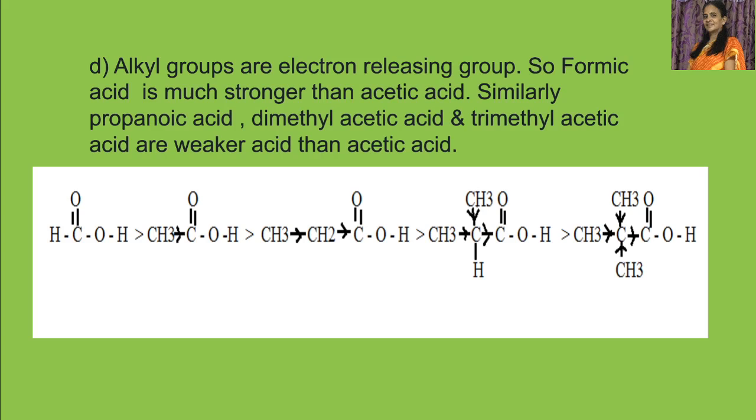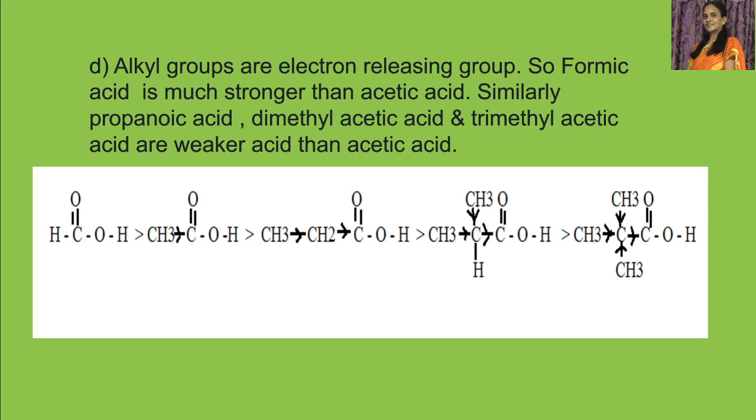Okay, now let us see this. Alkyl groups are electron releasing groups. Formic acid is much stronger than acetic acid. Similarly, propanoic acid, dimethyl acetic acid and trimethyl acetic acid. Formic acid is the stronger acid because there is no plus I effect.